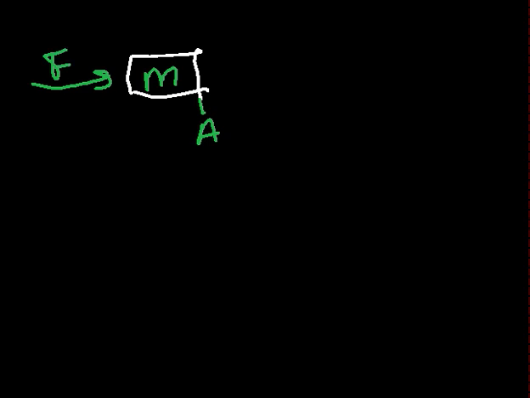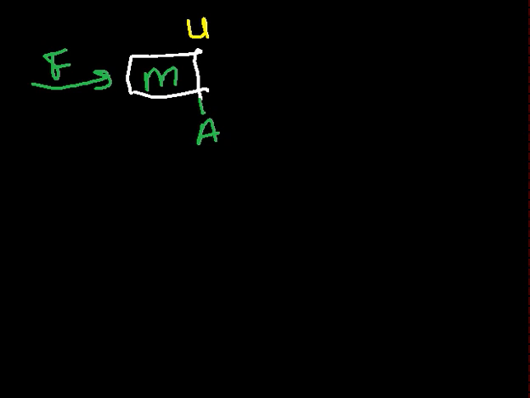So now let's say we have the object, of mass m, and say this is a point A, and the force F has been applied on the object, and at point A the object has an initial velocity given as u.